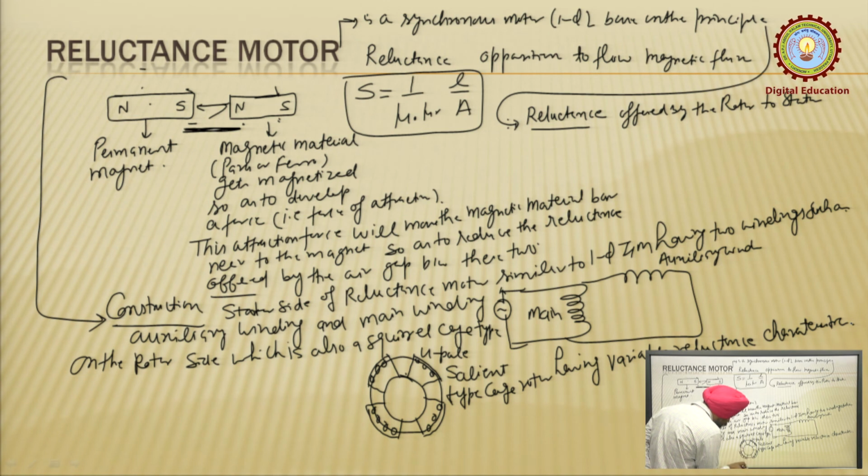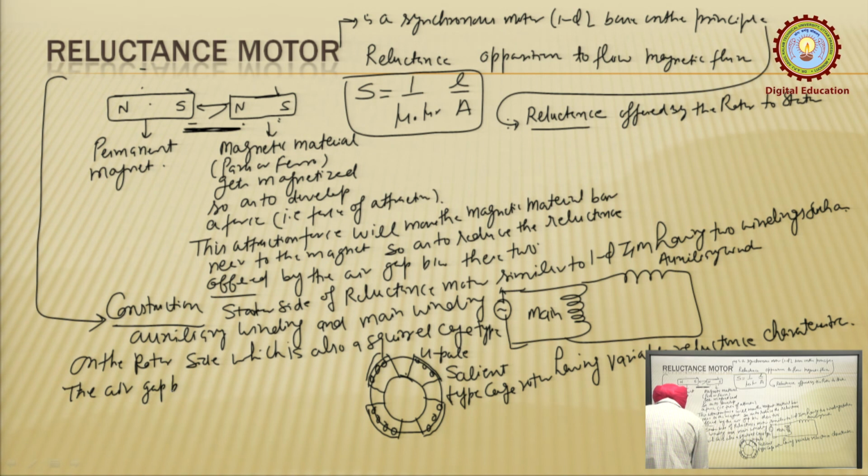Because if we see at the pole face of the salient pole with respect to the stator, the air gap between stator and rotor at the pole face is minimum.